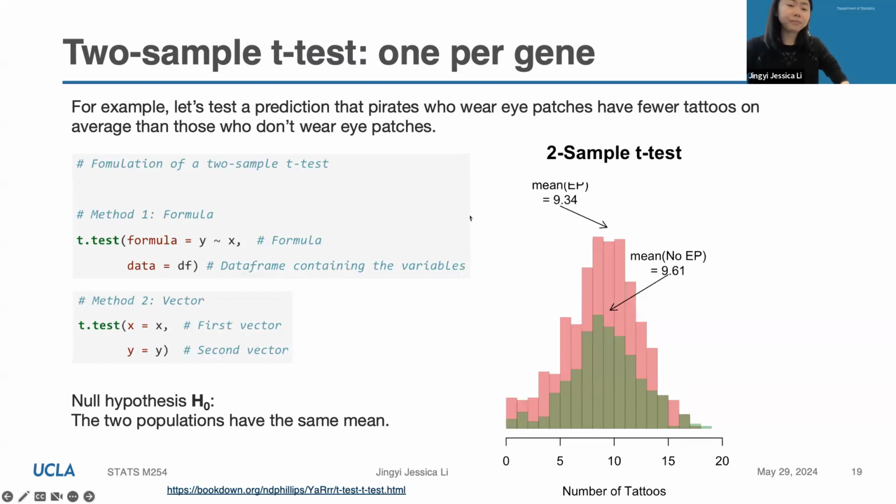That's our intuition, and we can formally do this with a t-test. In R, the t-test can be done in two ways, using the regression formula or by comparing just two vectors. The null hypothesis is that the two populations, not the two samples, the two populations where the two samples are respectively from, have the same mean.